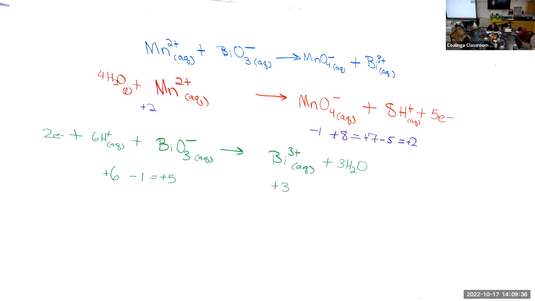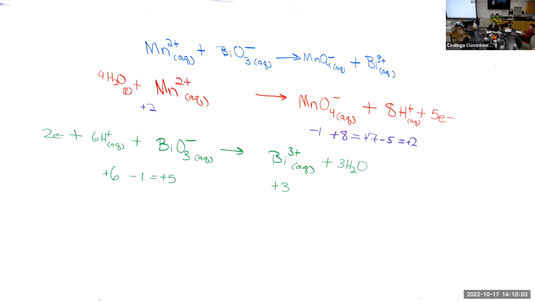Okay, so which equation is going to be reduced and which one is going to be oxidized? Red or green? For the red, are you losing electrons or gaining electrons? Are you putting electrons into the reaction or taking electrons out of the reaction?